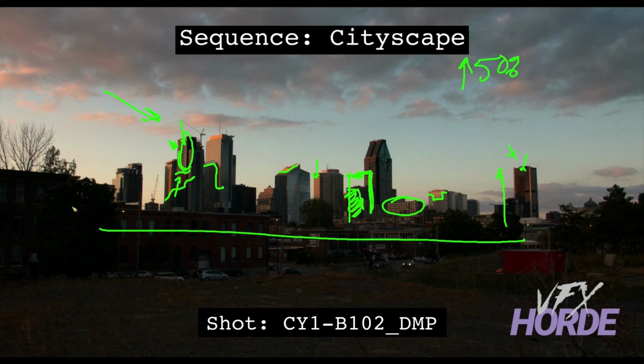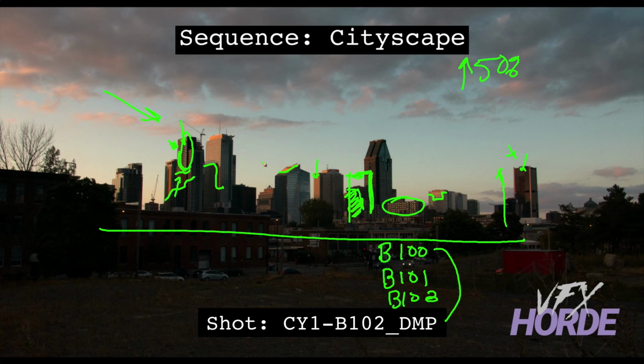While you're going through this shot and making your decisions about what references you're going to be using, you need to be mindful of the other shots in this sequence, B100, B101, and B103. Because all of these are of the same location, you'll have to make considerations of the references that you use.